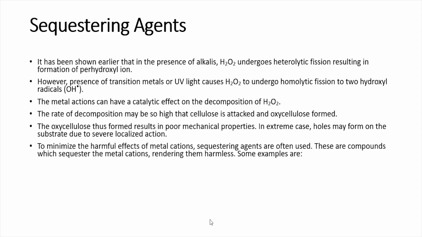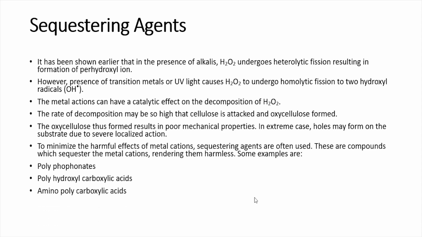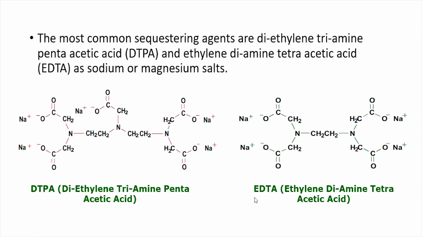So most of the sequestering agents are polyphosphonate, and polyhydroxy carboxylic acid, and amino polycarboxylic acid, phosphonic acid, and polyalkylic acids. And this is the structure we have given: DTPA, diethylene triamine pentaacetic acid, and EDTA, ethylene diamine tetraacetic acid.